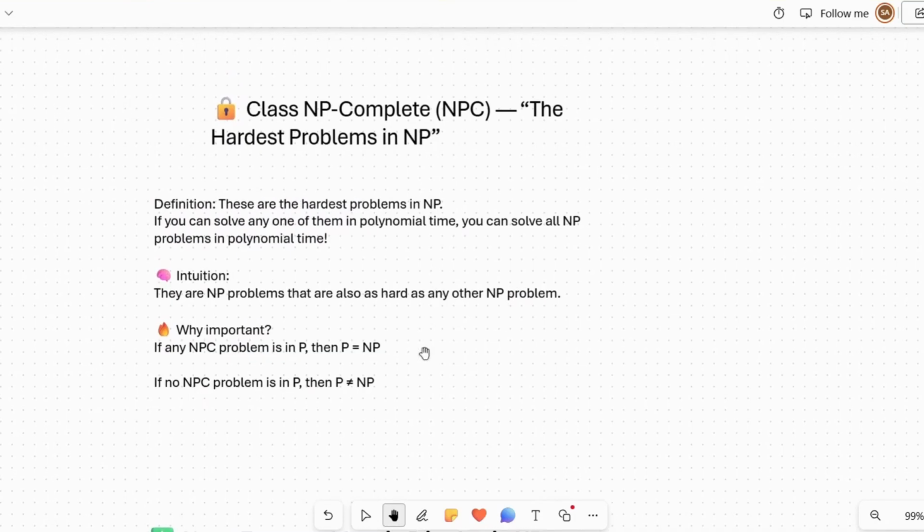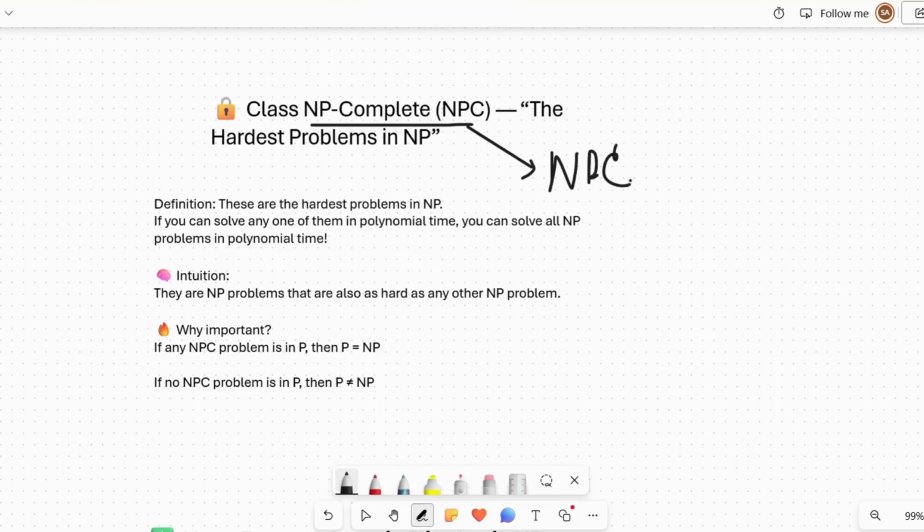Class NP-complete, NPC, the hardest problems in NP. Definition: these are the hardest problems in NP. If you can solve any of them in polynomial time, you can solve all NP problems in polynomial time, because NPC is the hardest.